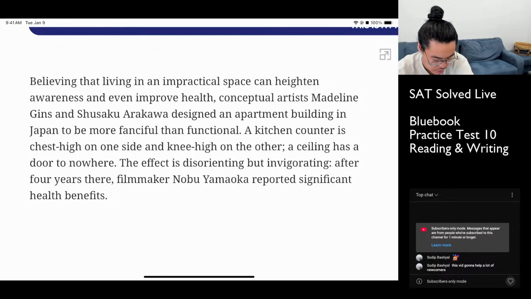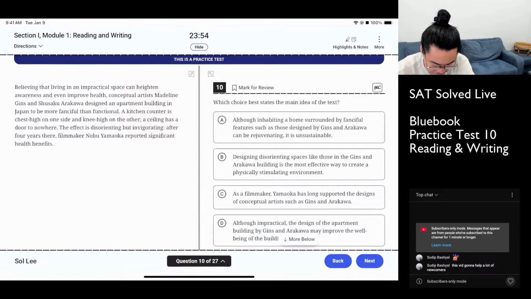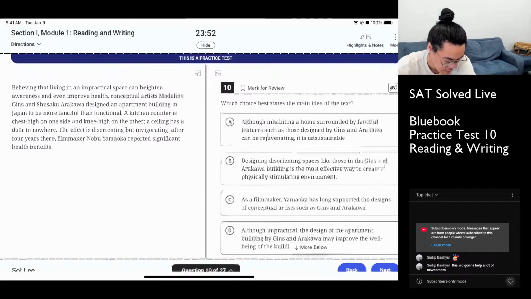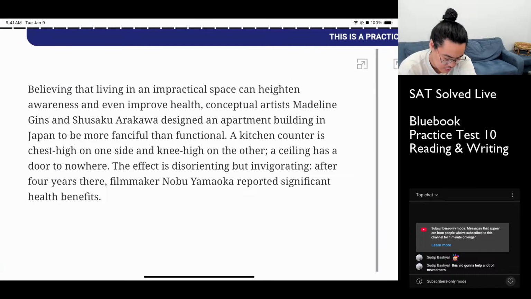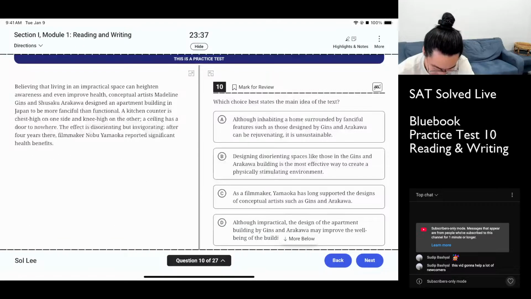Disorienting but invigorating. Health benefits. Okay, hilarious. The main idea of the text is that these two artists have designed an apartment building that is disorienting but potentially health giving. Okay.